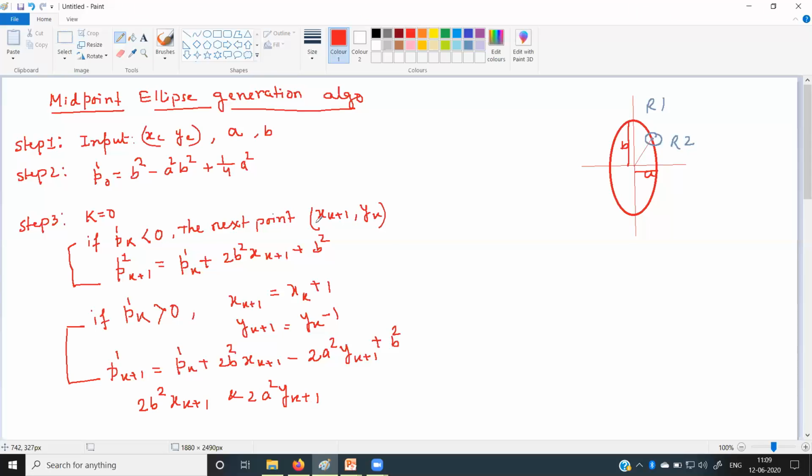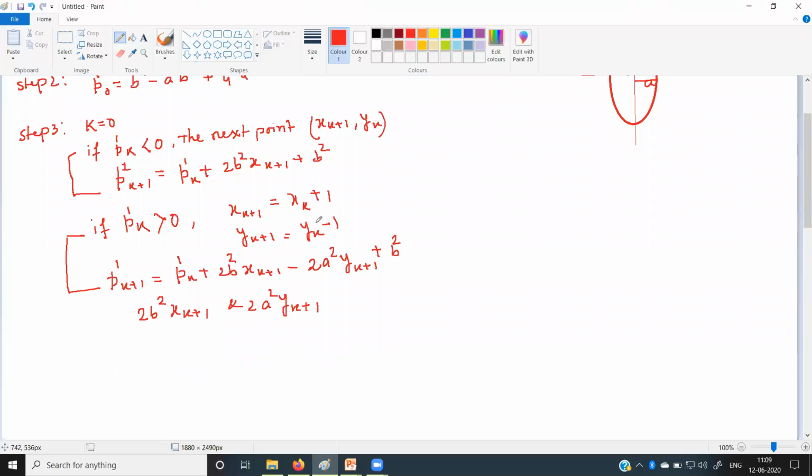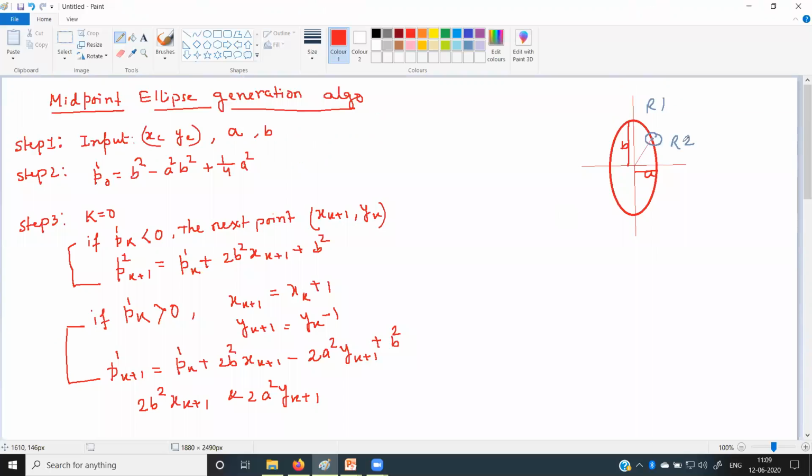Now after finding this decision parameter, as I showed you, this is nothing but the slope of the tangent which we can draw from this point.